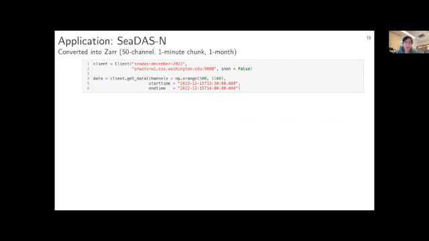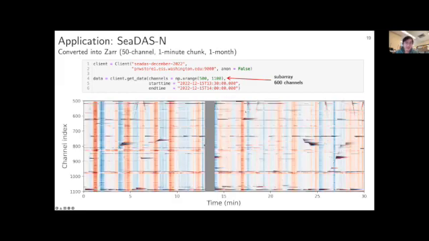We use 50-channel, 1-minute data chunks, and we have this Python client to request data from our object storage server running at this URL and port 9000. We request the segments from channel index 500 to 1100, so it's a 600-channel subarray. We specify the start time and the end time, and the data is loaded directly into memory.